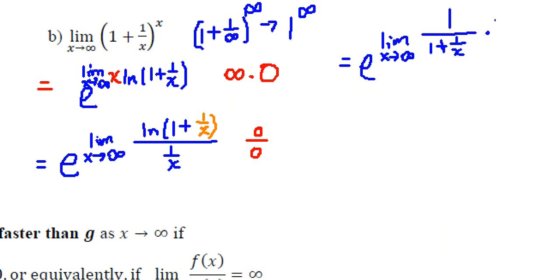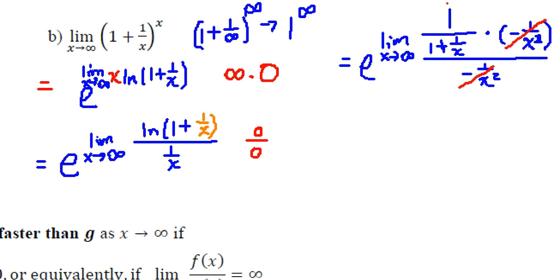The derivative of 1 over x is going to be negative 1 over x squared. You don't have to work it out, by the way, because you can cancel it. The derivative of the bottom is also the derivative of 1 over x, which is negative 1 over x squared. I wrote this too huge, but the whole thing is supposed to be a power. But anyway, you can see that these two can cancel.